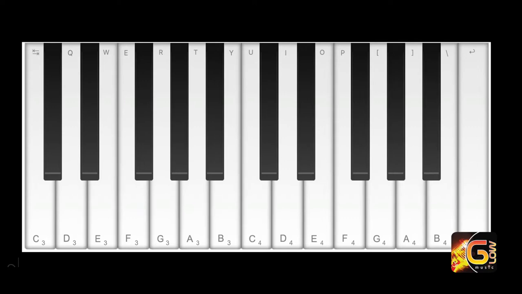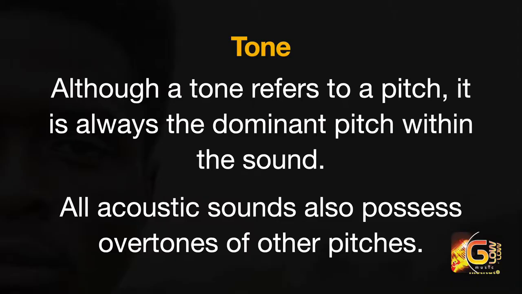You just count 2 white notes to the left. That's A, and then B, and then C. That gives you 3 separate notes. They have different pitches, okay? But in terms of tone too, there are 3 separate tones. And I hope you understand this. If you have any questions, post them in the comment section.